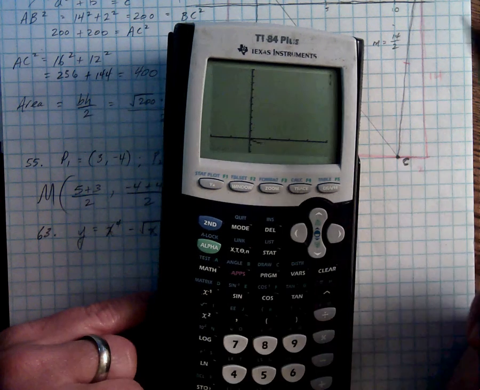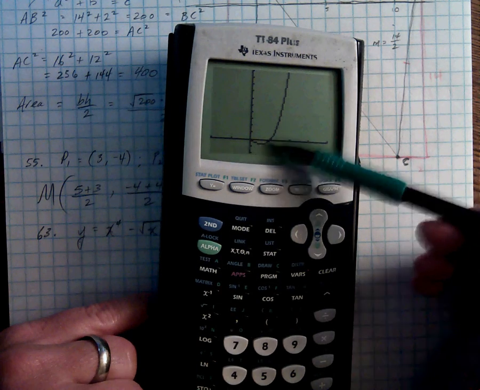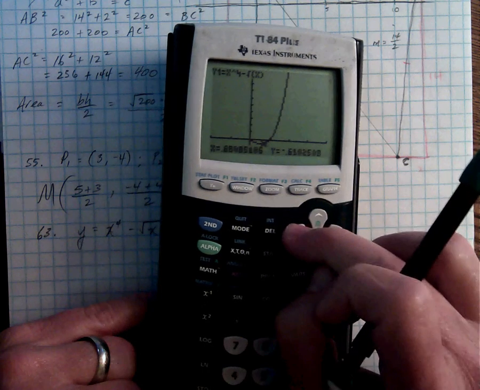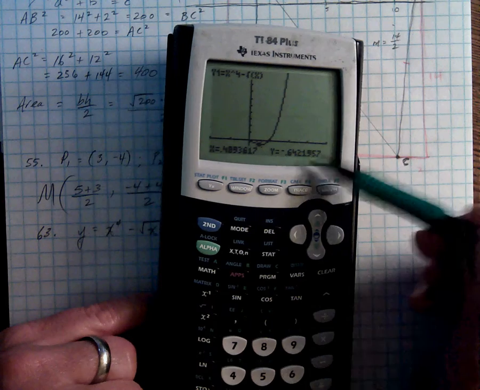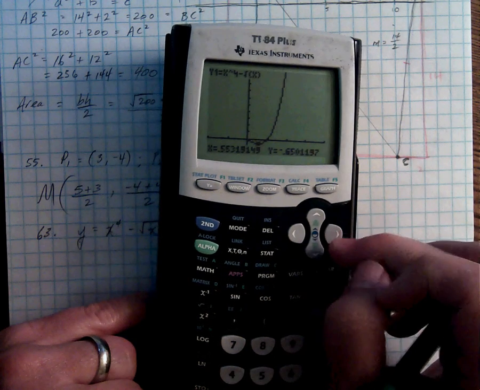That would be a good idea. So now you can see that dip a little bit better. We could trace it and see how far down it goes, right? So it looks like it goes down to about, I don't know, 0.64 or something like that. 0.65, -0.65.